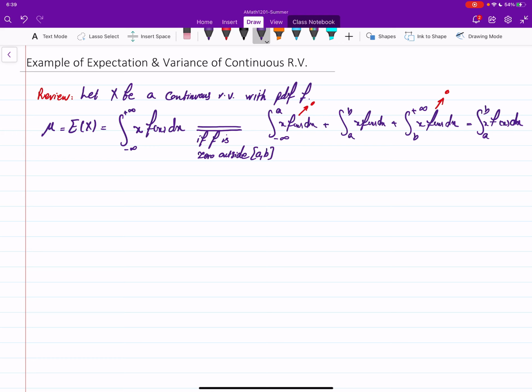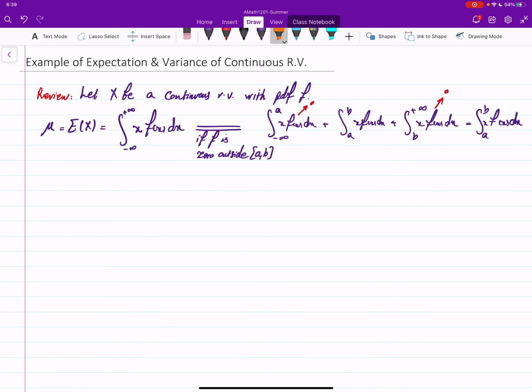So don't worry about the notation that you see here, but you need to know that for this course, we will deal with the cases where the PDF outside an interval is 0. And again, like the discrete version, for e of x squared, instead of x you will put x squared f of x dx.